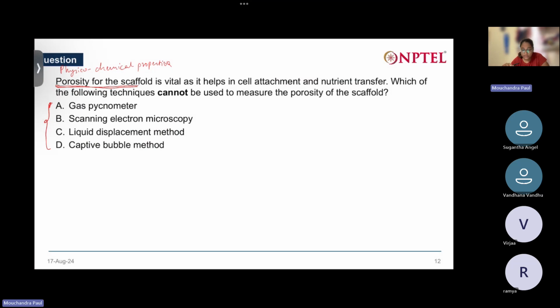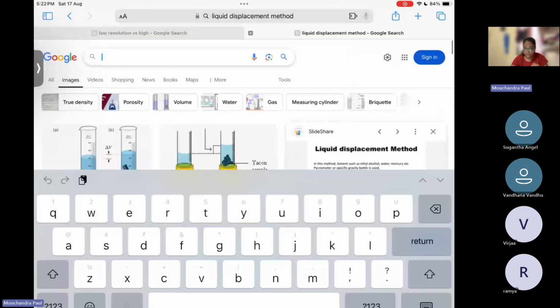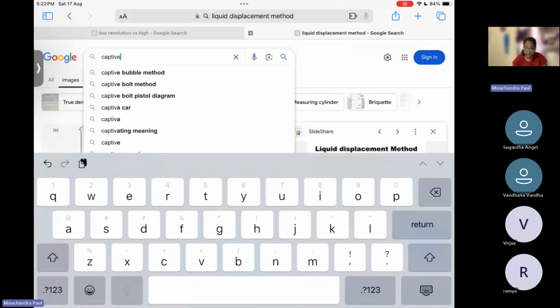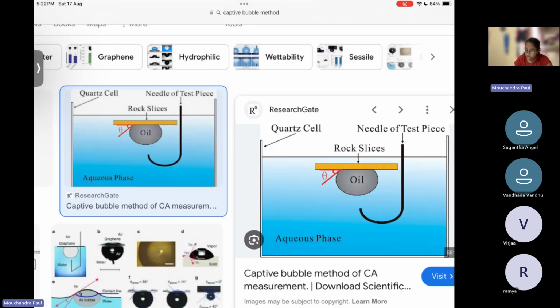Then the last method is called captive bubble method. Again with an image. Images actually help in these kinds of characterization techniques. Images are widely helpful to understand the concept.